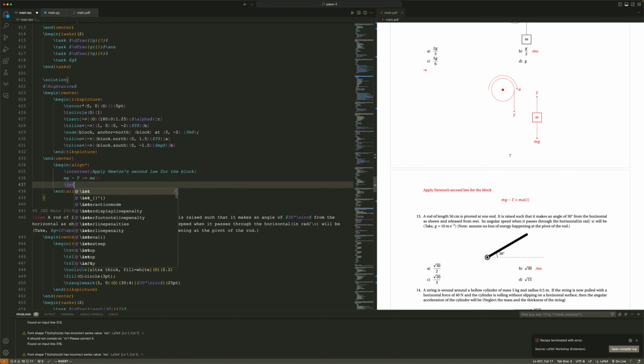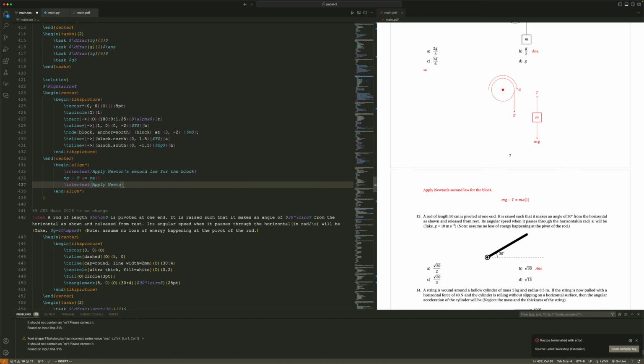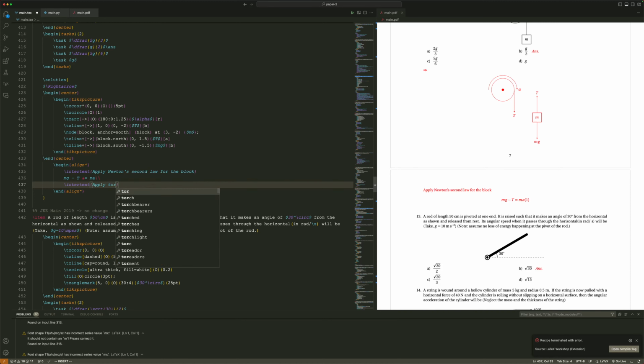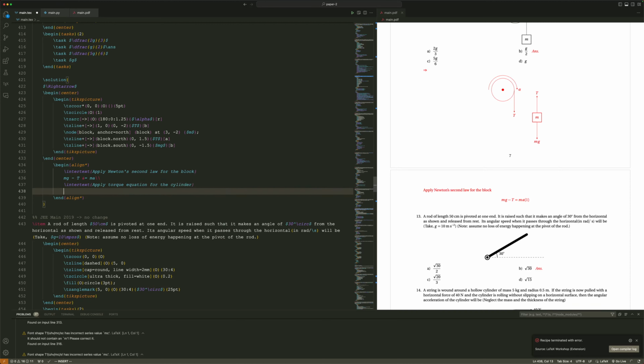So this is for the cylinder. Apply the torque equation for the cylinder. Yes, this will be much better.